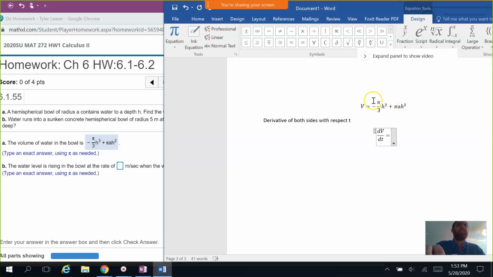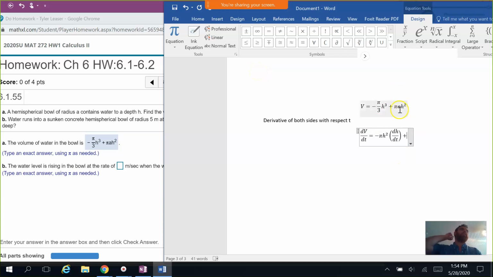We take the derivative with respect to h and then multiply that by dh/dt. So we bring that 3 down, which cancels out with the 3 that's already there. It's going to be negative pi h squared, and we multiply that by a dh/dt on the back of it. So it's going to look like that.